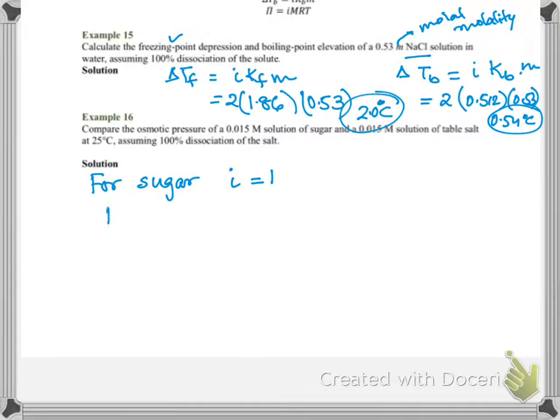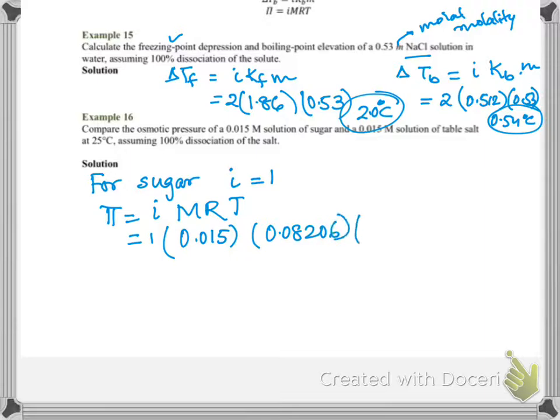So pi equals i M R T. i is 1, 0.015 is the molarity, R value is 0.08206, and at 25 degrees Celsius, 25 plus 273 is 298. So the pi value is 0.37 atmosphere.